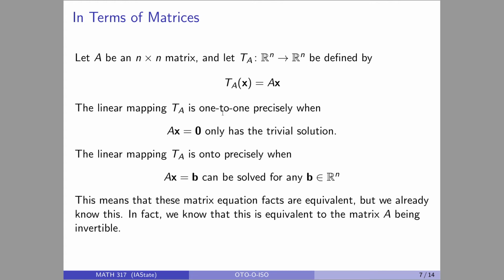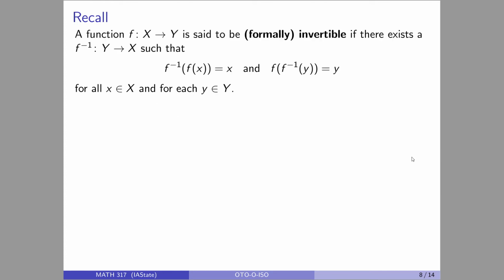Now, there's something about being one-to-one and onto that is related to invertibility. So recall that a function is called invertible, also known as formally invertible, if there is an inverse function, meaning that the composition of the functions gives you the identity function, or more precisely written like this.